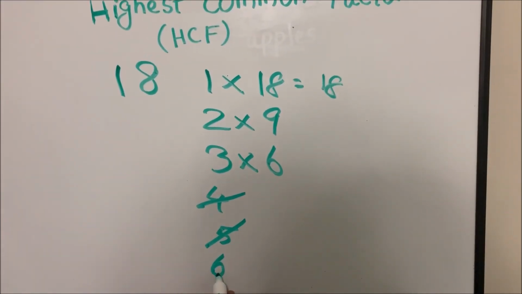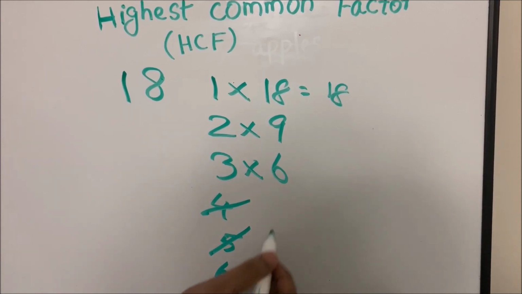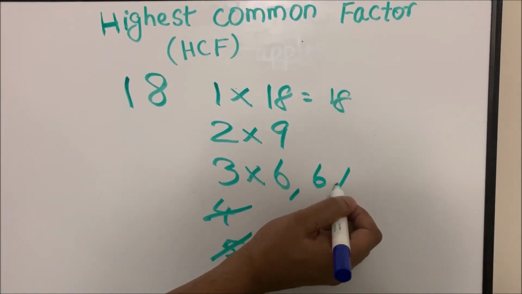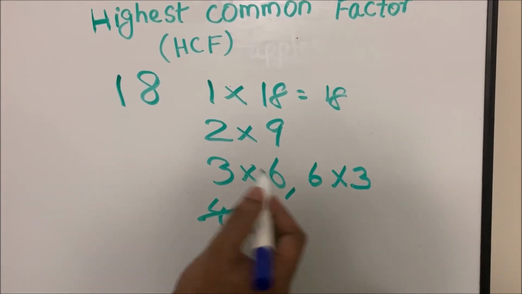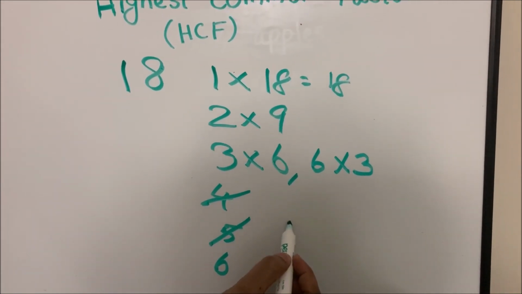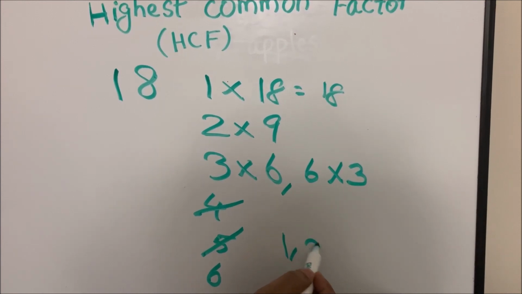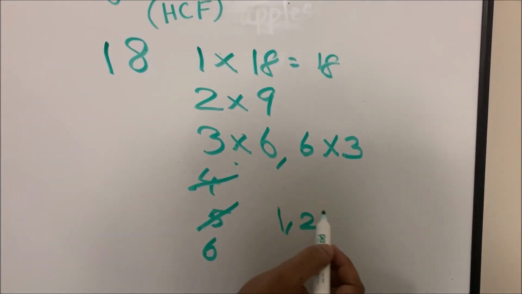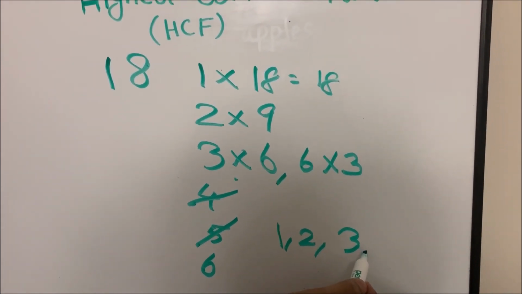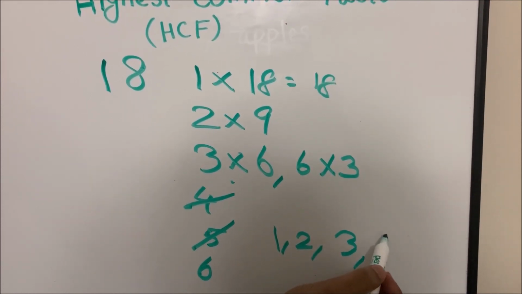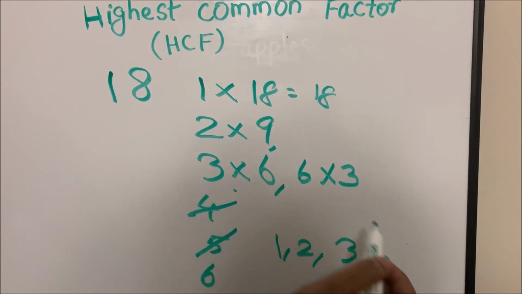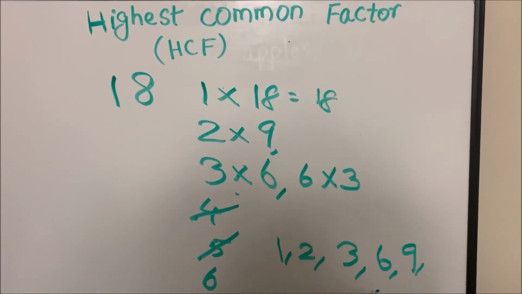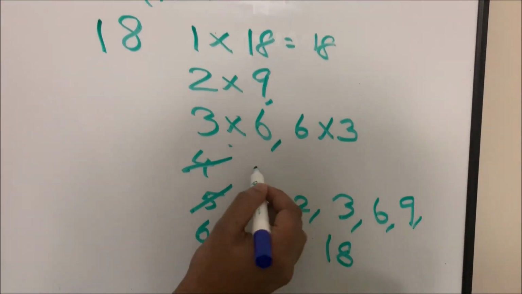And coming back to 6, we already have 6 by 3, which also gives 18. So the factors here are 1, 2, 3, then 6, and then 9 and 18 itself.